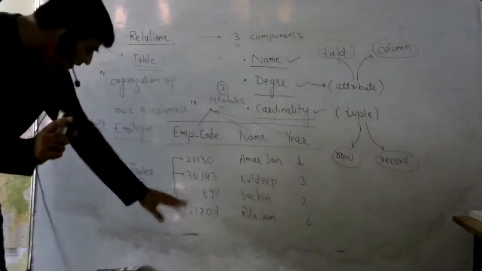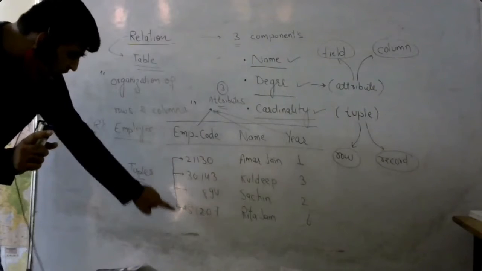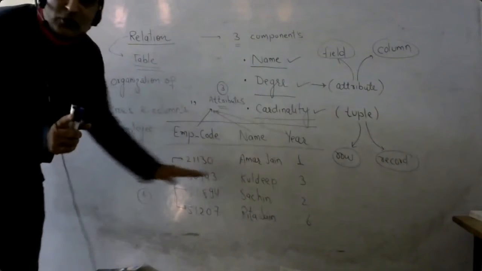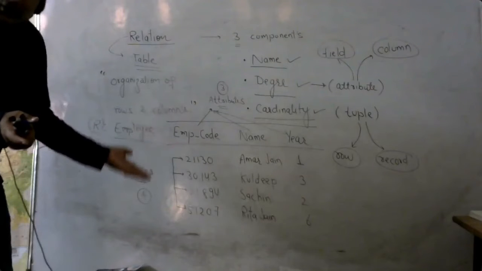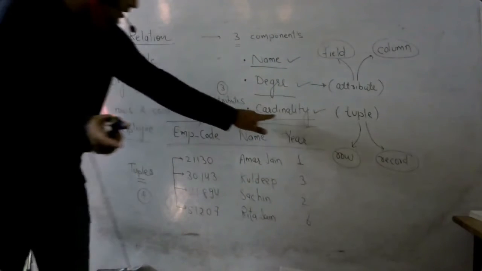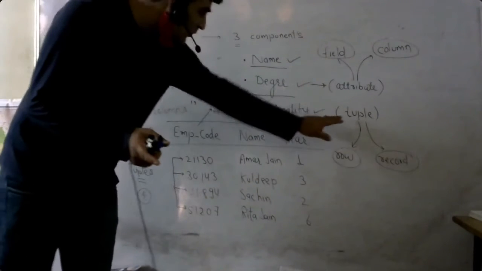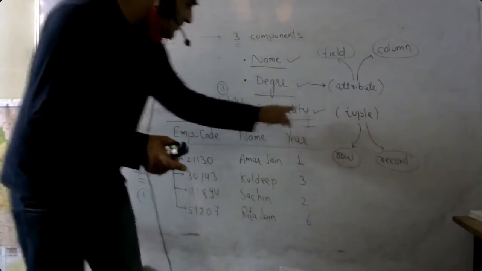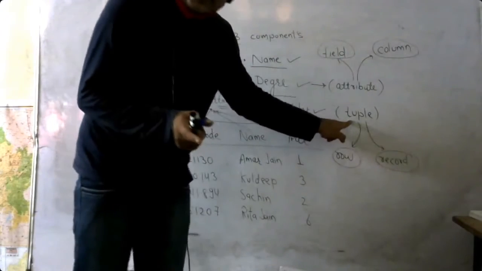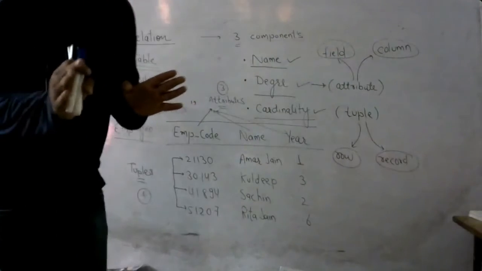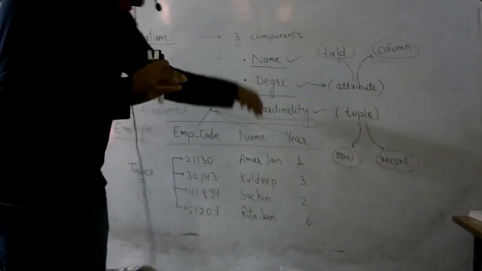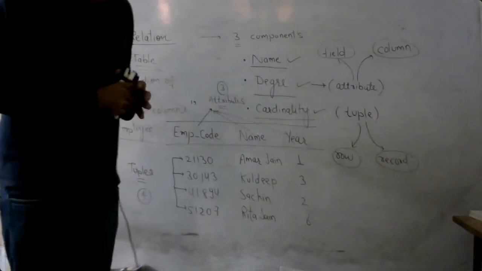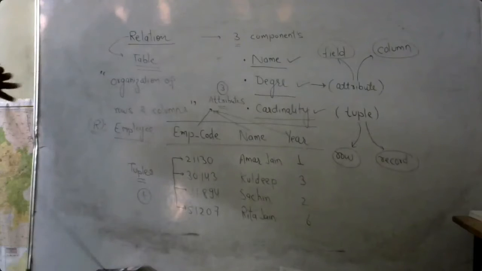So how many tuples are here? 1, 2, 3, 4. 4 rows or 4 tuples are here. The number of rows, the number of tuples in a relation is known as the cardinality. So I told you this term cardinality is related with the term tuple. So you might have understood why I at the beginning told you that these terms are related with this. I think you have understood it.